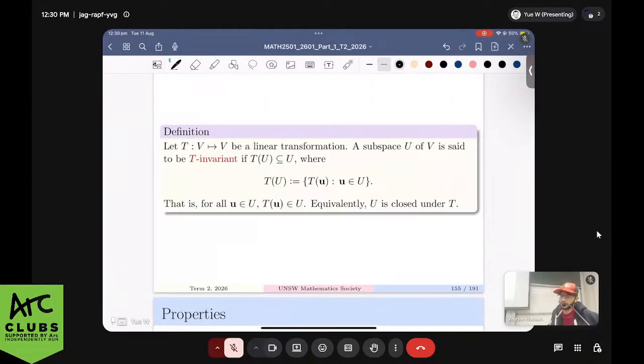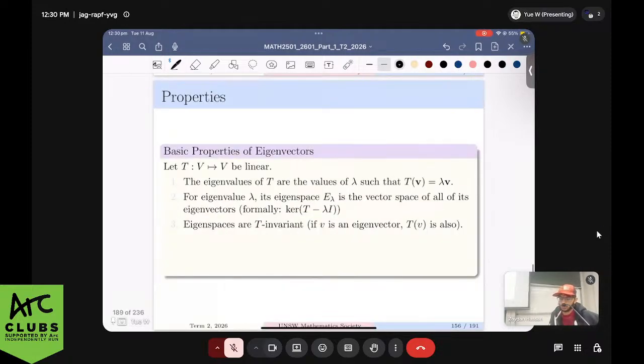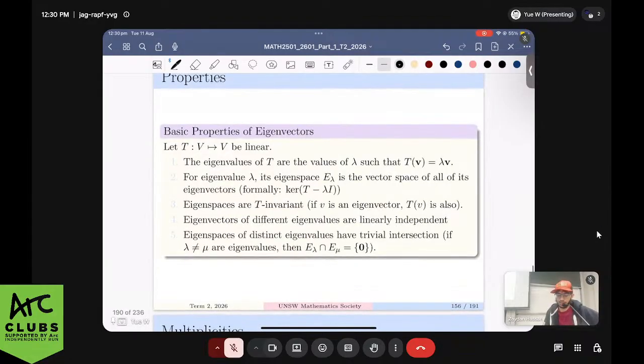A space is T-invariant means that it's closed under T. So if you apply T to anything in the space, you'll just get another vector in the space. So T of U is a subset of U. Properties of eigenvectors: eigenspaces are T-invariant. Eigenvectors from different eigenvalues are linearly independent.